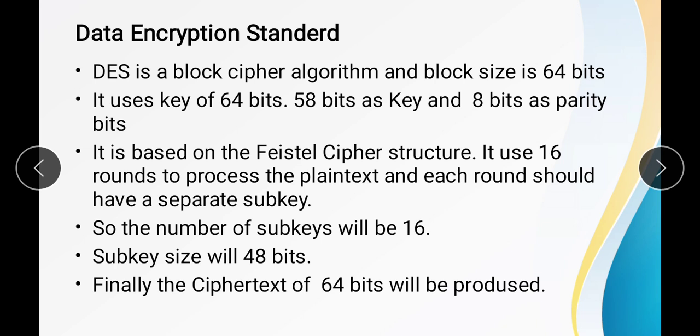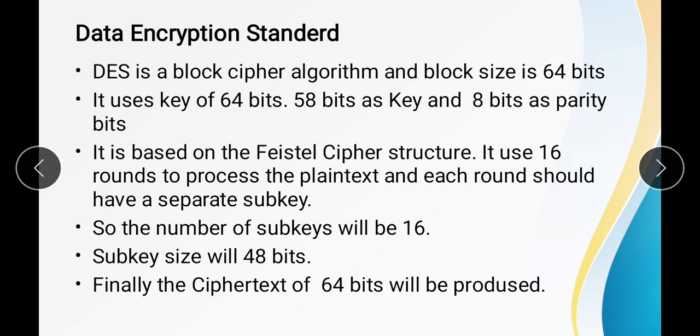Now for encrypting or decrypting the data we need a key, so the key size will be 64 bits. Actually we use 56 bits as the key and the remaining 8 bits are parity bits. As DES is based on the Feistel cipher structure, it performs the operation in 16 rounds for the 64-bit data.